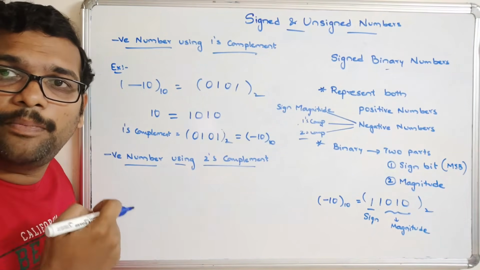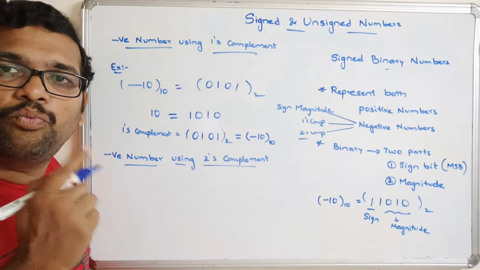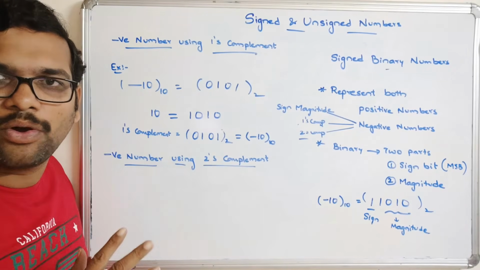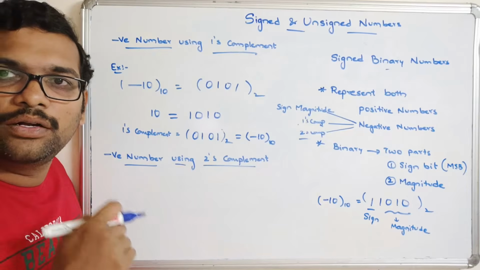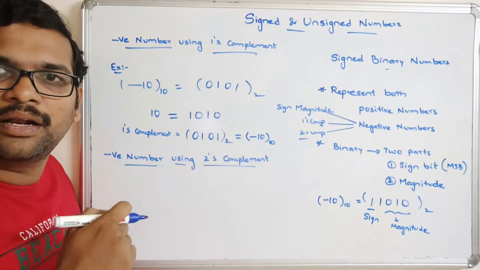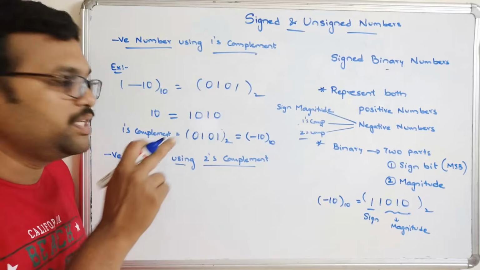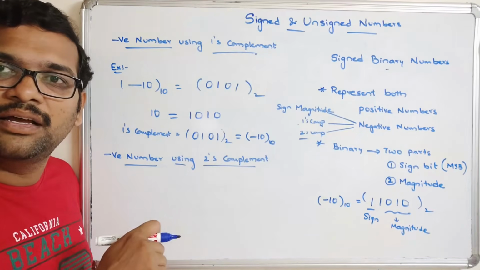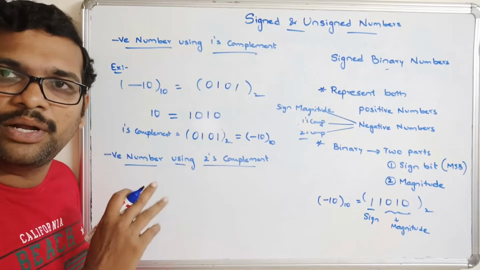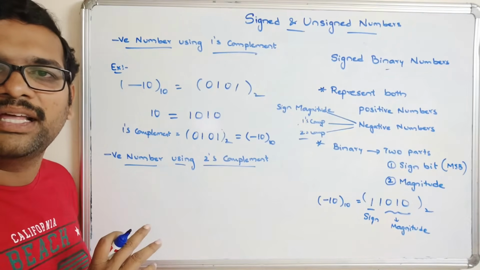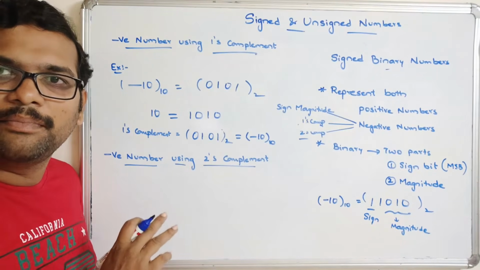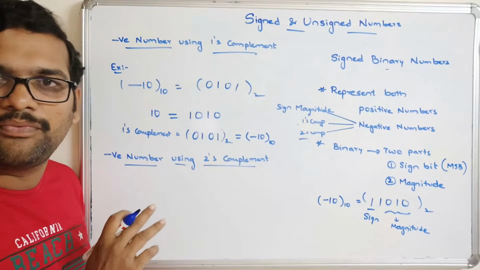Simply, 2's complement means adding 1 to the 1's complement. So if you want to represent a negative number using the 2's complement, just consider the 1's complement of a positive number and add 1, so that we get the negative value of the particular number, right? That is the 2's complement of the particular number.